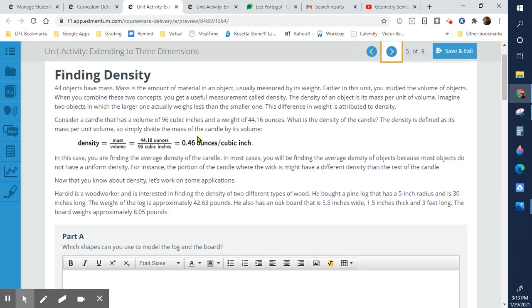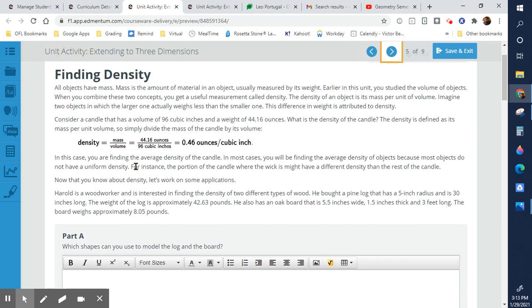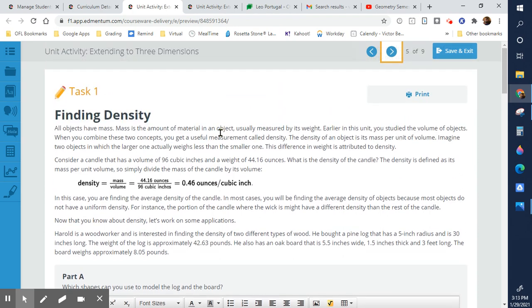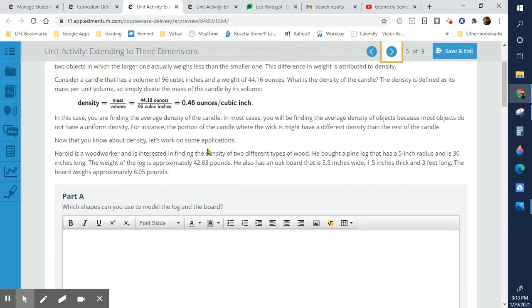In order to solve for density, the idea of density is how much stuff there is in an object. So when we're talking about density, we need the volume of something. We've done how to do volume throughout this entire unit. Volume is how much space something takes up.